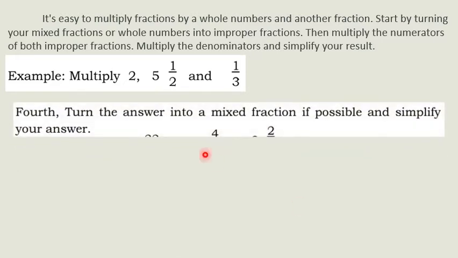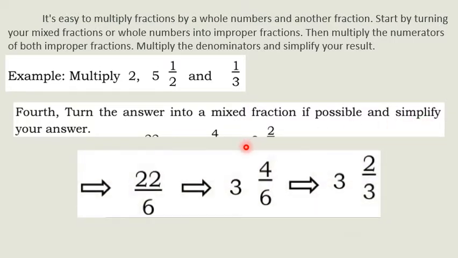Then, fourth, turn the answer into a mixed fraction if possible and simplify your answer. Ang makuha natin pag multiply yung kanina ay magiging 22 over 6. Yung 22 over 6, gagawin naman natin siyang mixed fraction. Hindi ko na siya i-discuss kasi na-discuss na natin yan ng mga nakaraan.